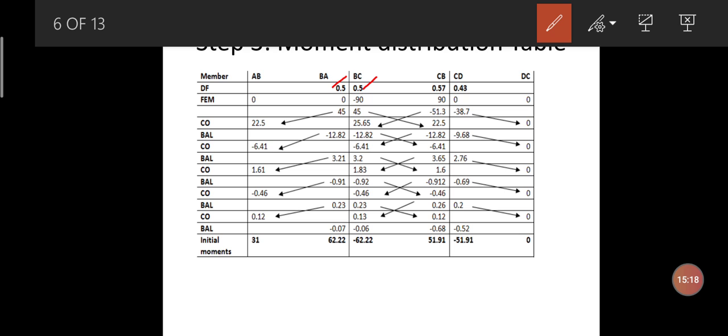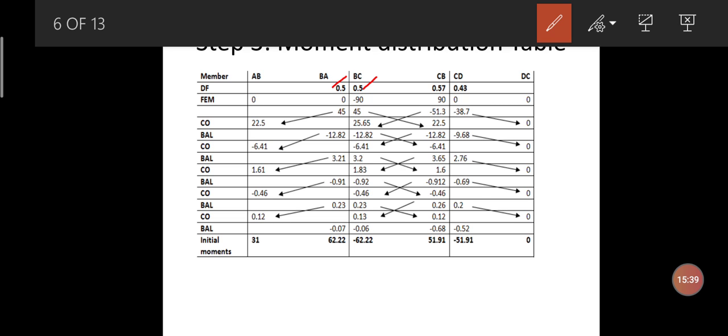So next step is fixed end moments. Fixed end moments are calculated only for BC and CB. For the rest of the members, since they are not loaded, it is equal to 0. Therefore it is minus 90 and plus 90 for BC and CB.